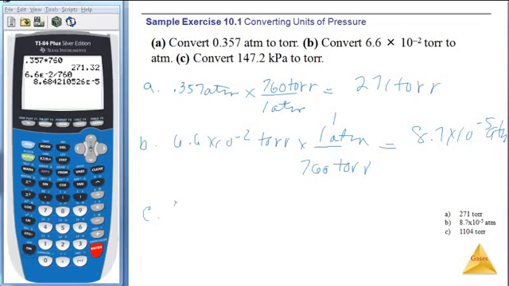And lastly, I have 147.2 kPa, and I want to convert it to torr.